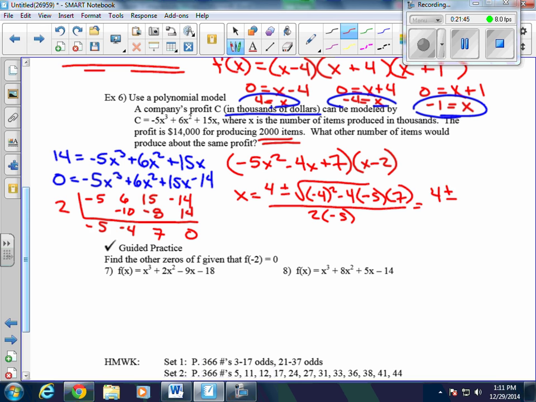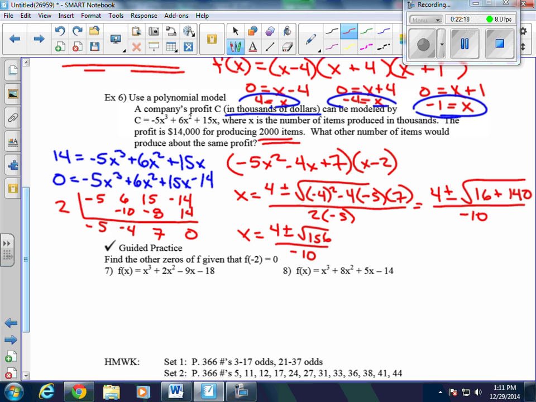This is going to be 4 plus or minus the square root of 16 plus 4 times 5 is 20, 20 times 7 is 140, over negative 10. So then x is going to equal 4 plus or minus the square root of 156 over negative 10.